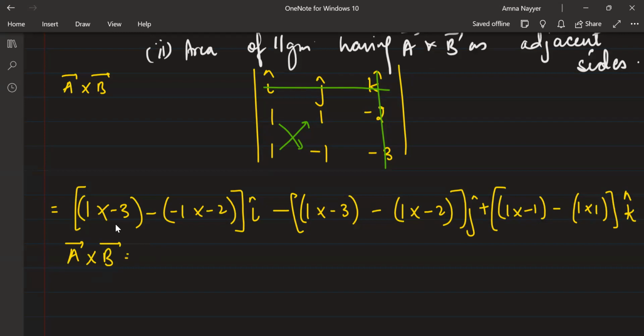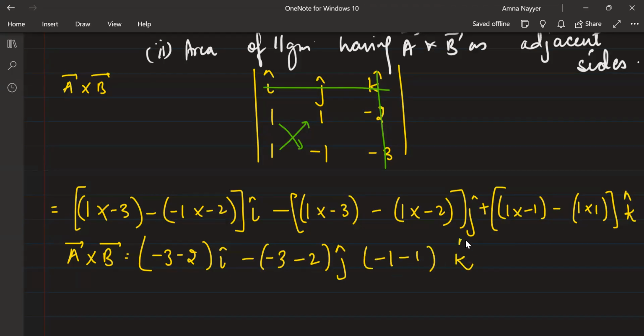Minus 3 into 1 is minus 3. Minus 1 into minus 2 is 2. But here we have a minus sign. I cap. Just correct me if I write something wrong. Then you have 1 into minus 3, that is minus 3. Minus 2 into 1 is minus 2. But there's a minus j cap here. 1 into minus 1 is minus 1. 1 into 1 is 1 with this negative sign, minus 1 k cap.